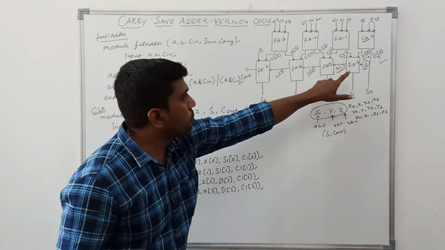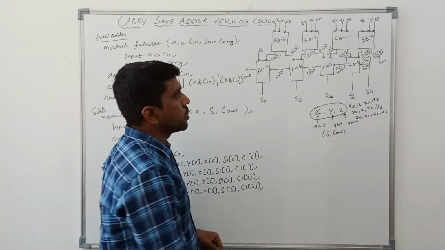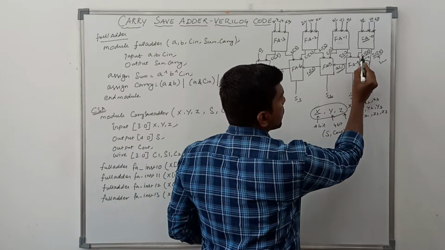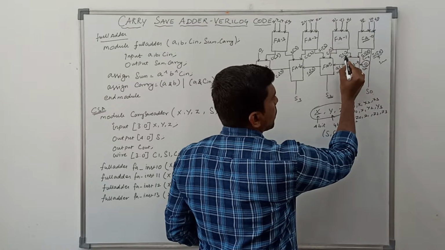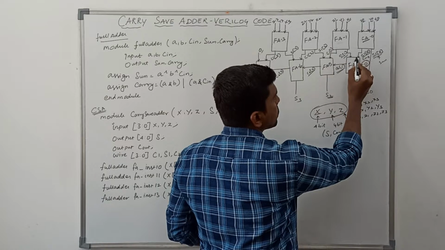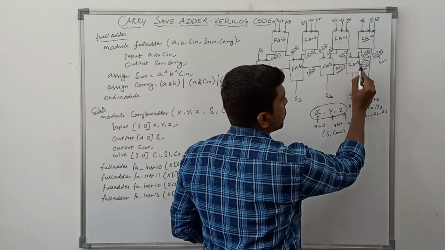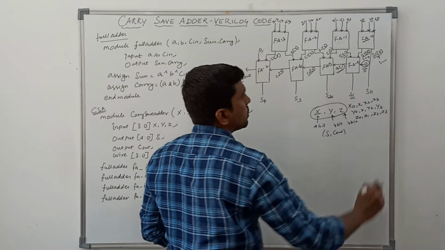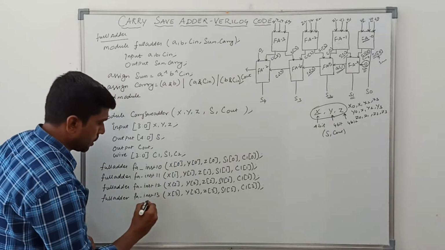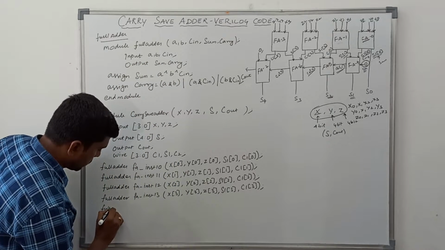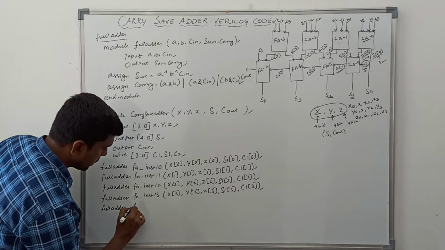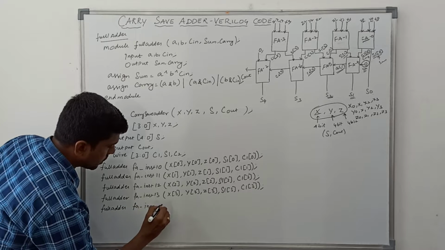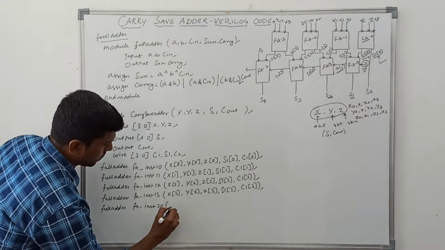Then come to FA4 to FA7. In this FA4, input signals are C1 of 0 and S1 of 1. These two signals are connected to the input of FA4. Here this 0 is a carry in value, so carry in value is initially 0. So full adder FA instantiation 2 0.